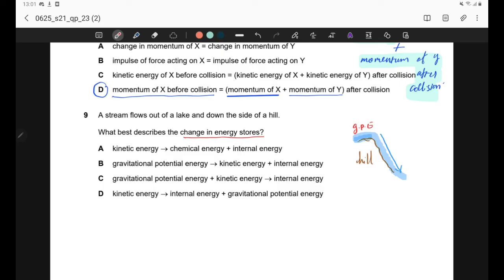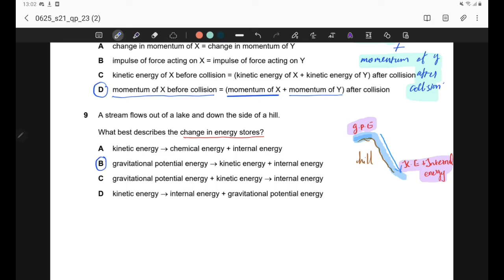So we can conclude that the gravitational potential energy will convert to kinetic energy, and some of the energy will be in the form of internal energy too. Internal energy is simply the energy associated with the particles inside the water. So the gravitational potential energy will convert to kinetic energy and the remainder will be in the form of internal energy. Therefore the correct answer is option B.